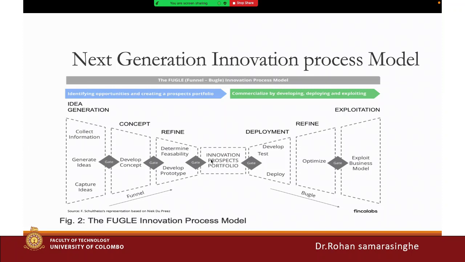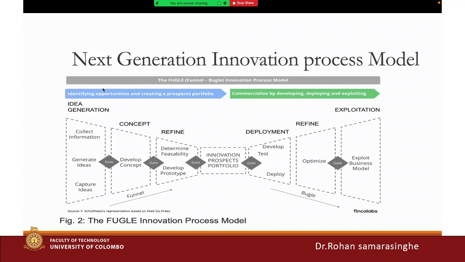Here we get the most feasible idea, and then develop the product, test and deploy, and by doing some user acceptance testing and other testing methods, optimize that, and finally find the business model to commercialize that and sell.